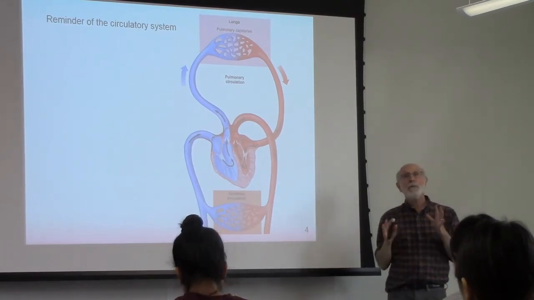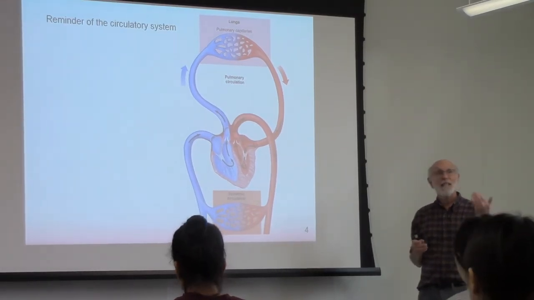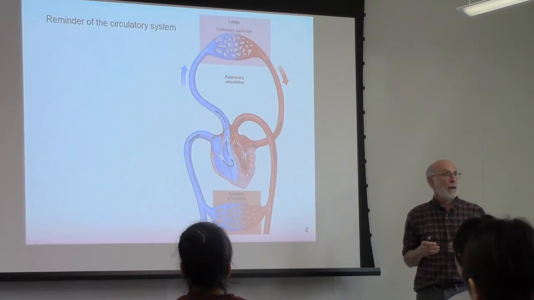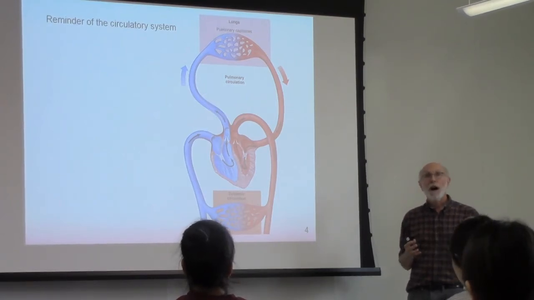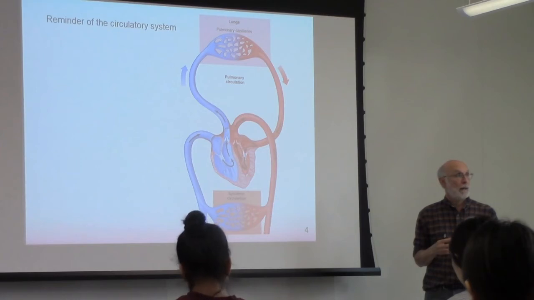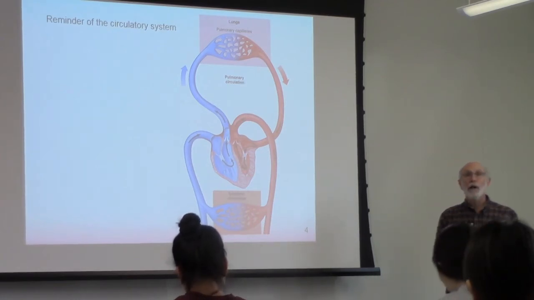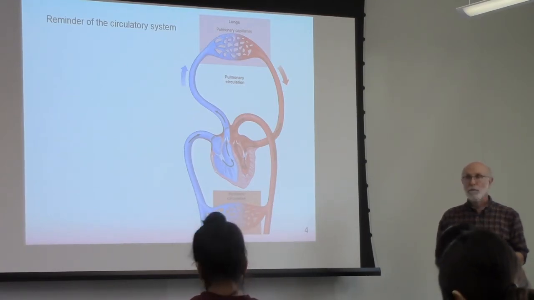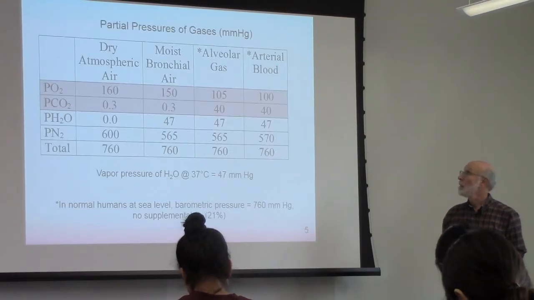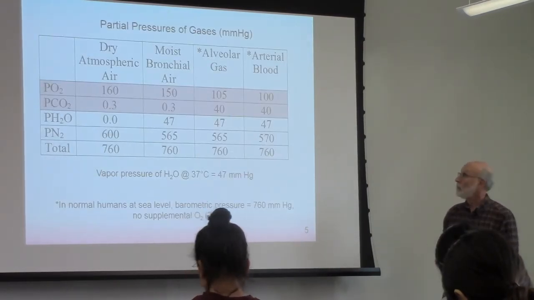So we're going to talk about two important words: ventilation of alveoli, and blood perfusion. The alveoli are ventilated, and the capillary blood perfuses those alveoli. And during that perfusion and ventilation, gas exchange happens.